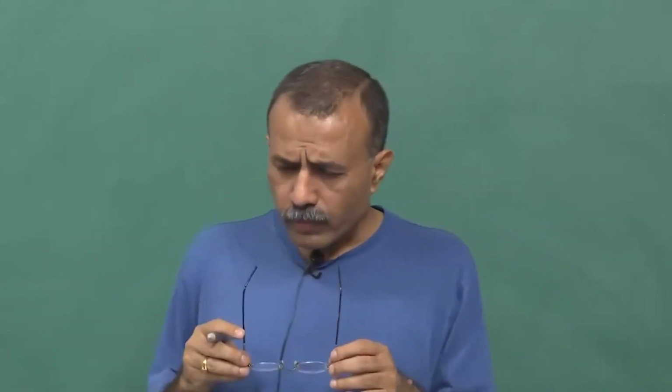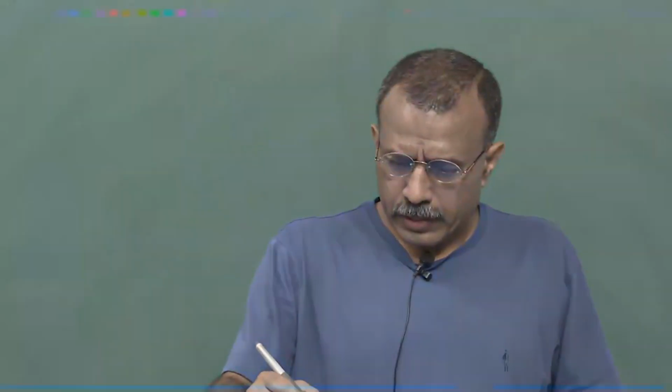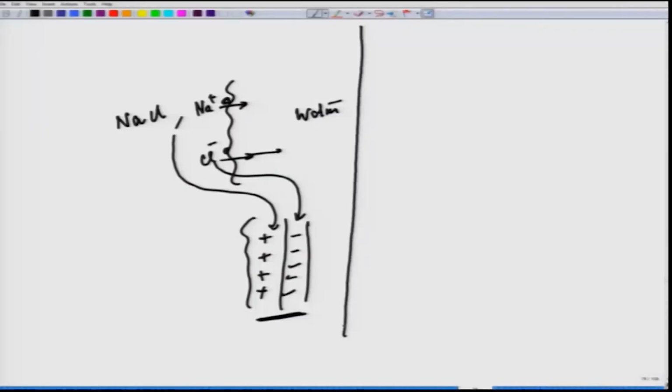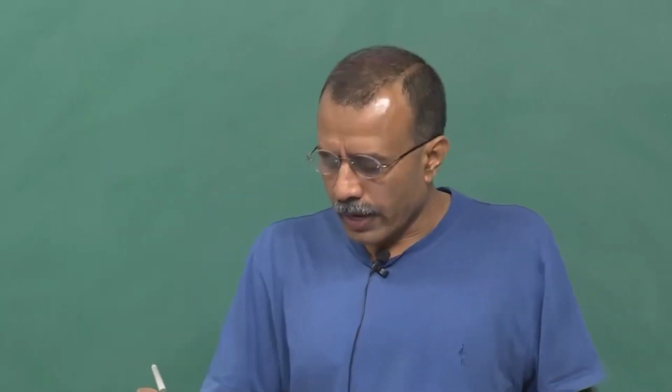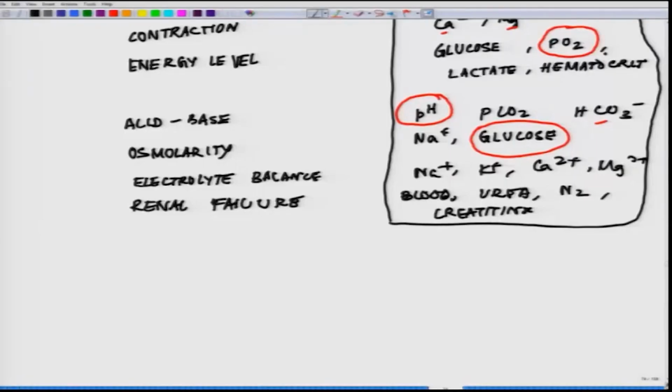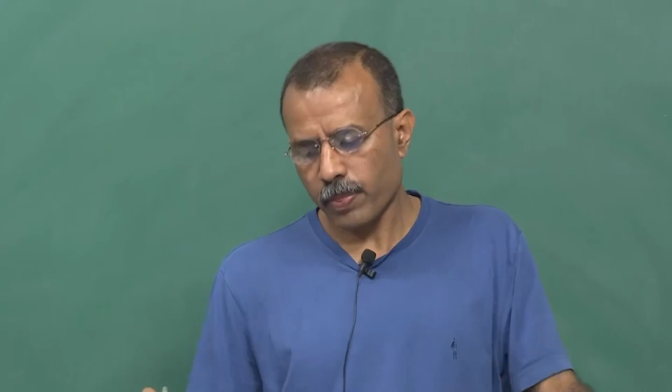Okay. So, having said this, now we will move on in the next class to the ion selective electrode with one example of an ion selective electrode. Then, as we promised, we will talk about oxygen electrodes, the pH electrode, and the glucose electrode. Okay. Thank you.